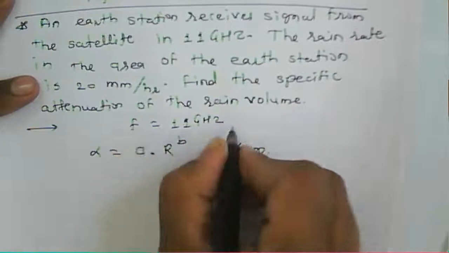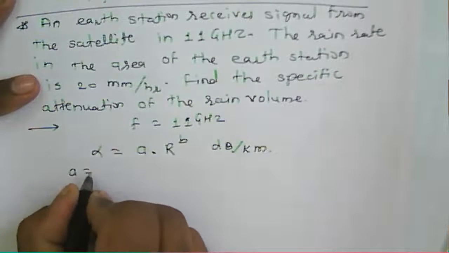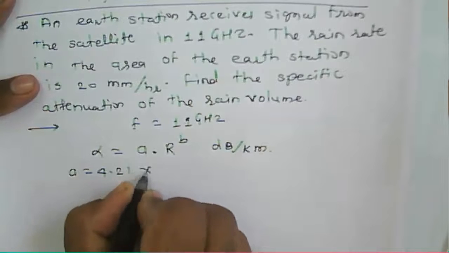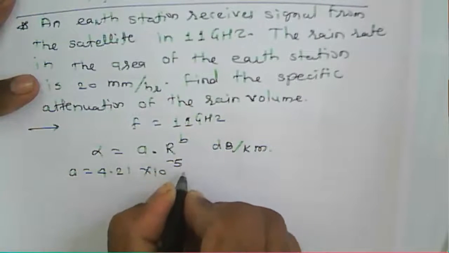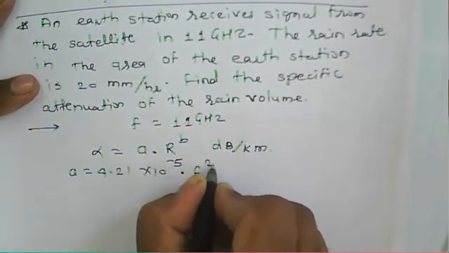So a at 11 gigahertz is 4.21 into 10 to the power minus 5 times f raised to 2.42.